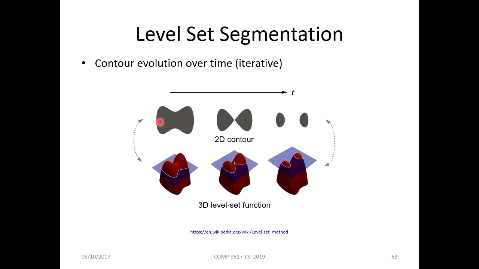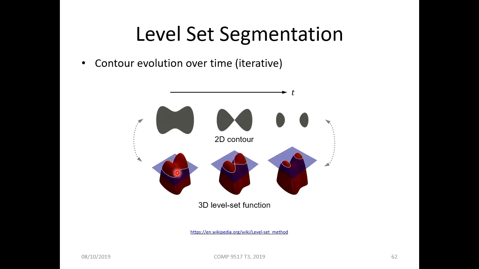And the question is, how can you accommodate this? It's very hard to do with explicit shape models, such as those used in active contour or snakes algorithms. But you can do this using level sets. The idea is that if you want to segment a two-dimensional shape, you define a three-dimensional function.